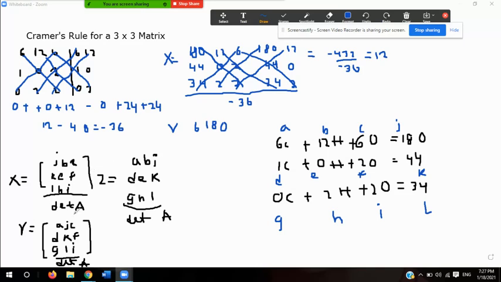Remember, to find the value of y would be a, j, and c. So a, j, and c would be 6, 180 and 6.